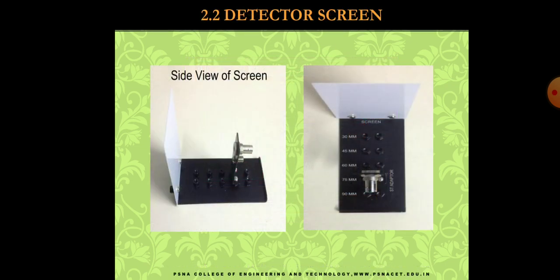The second important device is the detector screen. This comprises a fixed wide screen, 54 mm wide, held on a solid metal frame. The position of the cable holder is settable at a fixed distance of 30, 45, 60, 75 and 90 mm from the screen. Two M3 screws facilitate mounting of the cable holder on the frame.